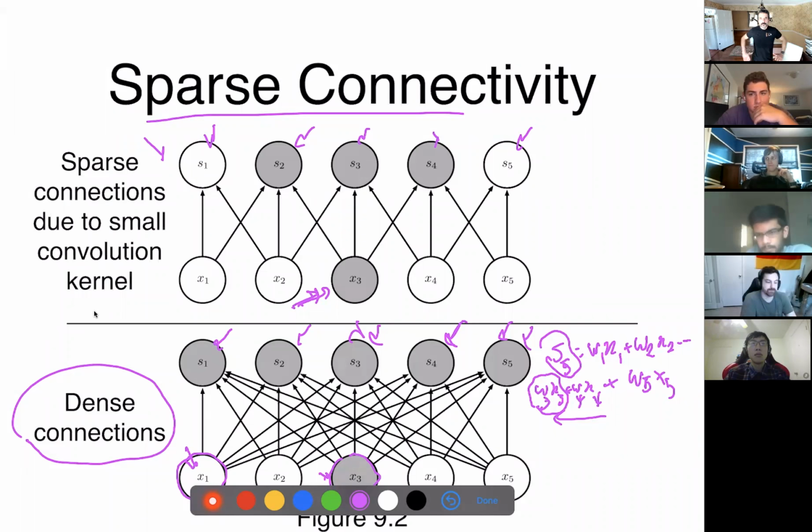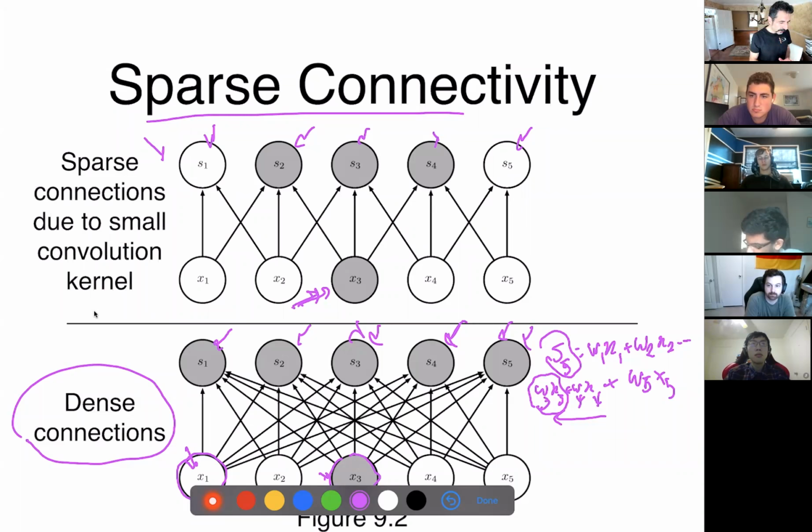We had a large number of parameters, each connection with W1, W2, W3, and so on. Each of them was a different parameter that we need to learn separately, a separate entity.